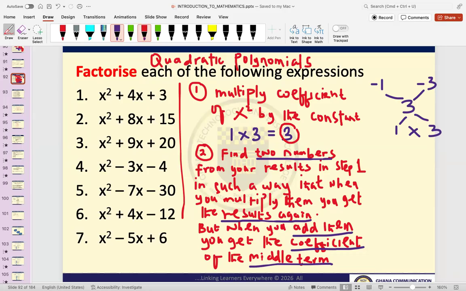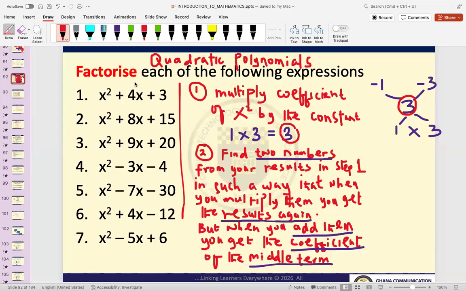So we have two options now: either we multiply -1 by -3 or we multiply 1 by 3. But the second condition says that those same two numbers, when you add them, should give the coefficient of the middle term.